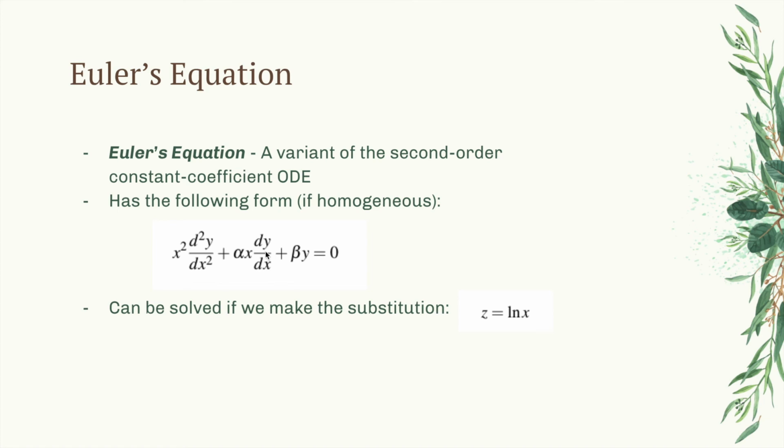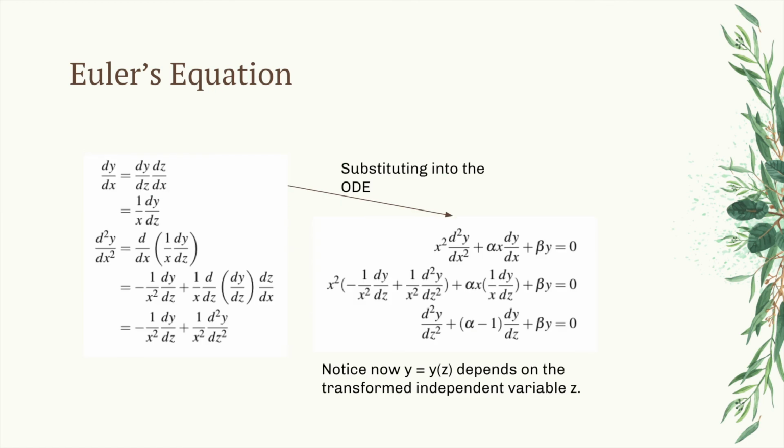This can be solved by making a substitution z equal to ln of x. By the chain rule, we can rewrite dy dx and d squared y dx squared in terms of dy dz and d squared y dz squared, where after substitution, we arrive at a second order constant coefficient ODE with z as the independent variable.